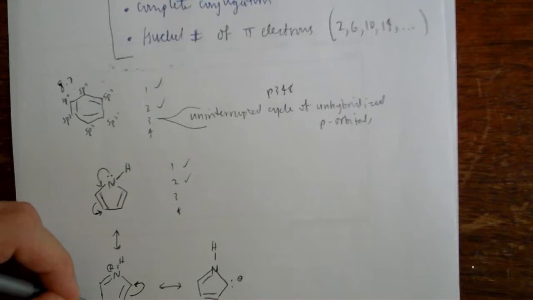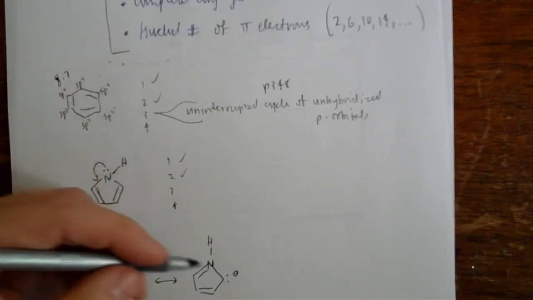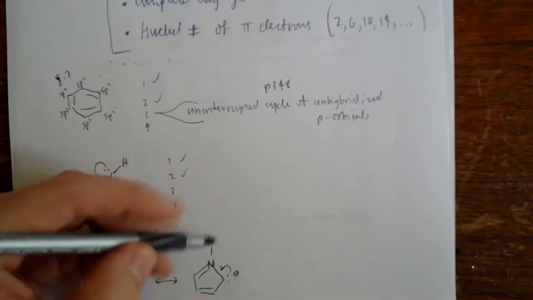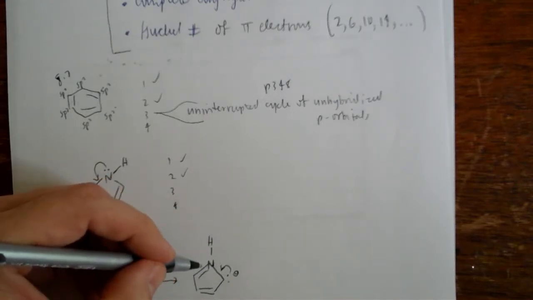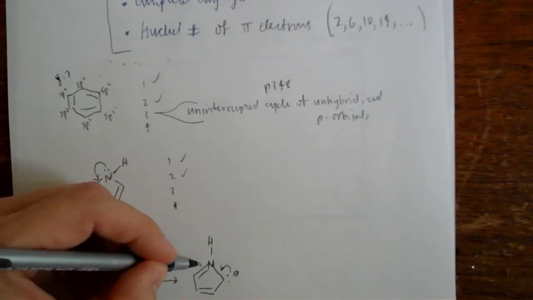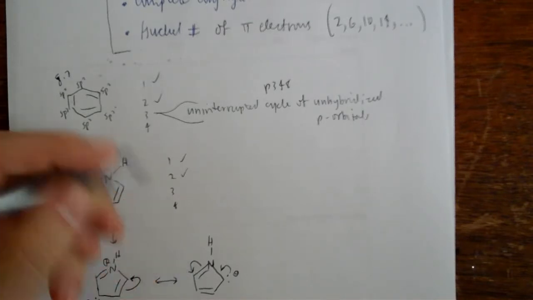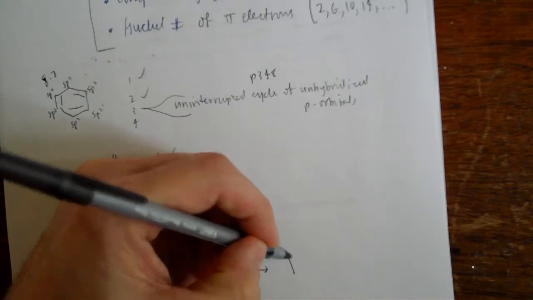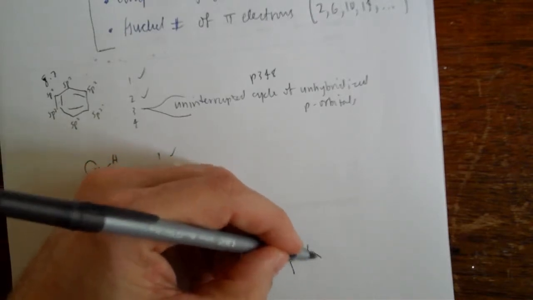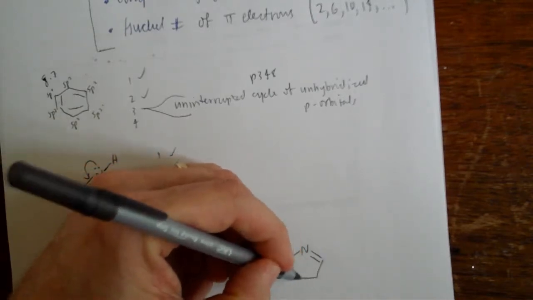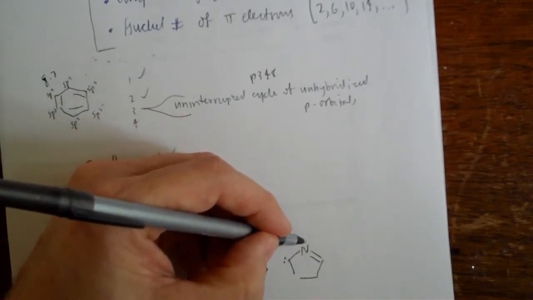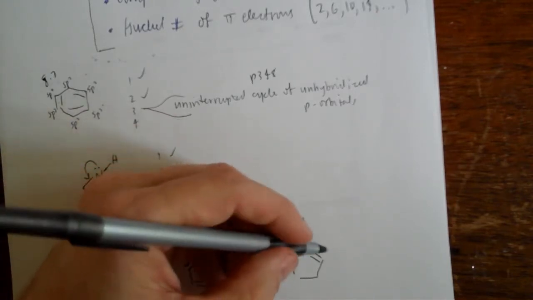There's a plus here, a minus here. Okay, these electrons can go here. These electrons can go here. There's obviously a bunch of Lewis structures we can draw with this.